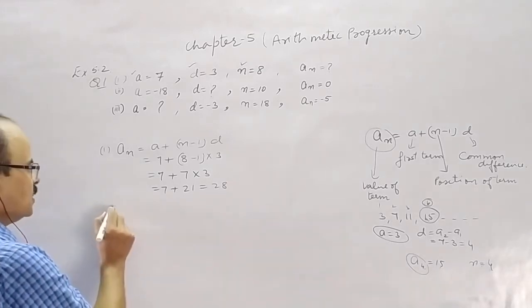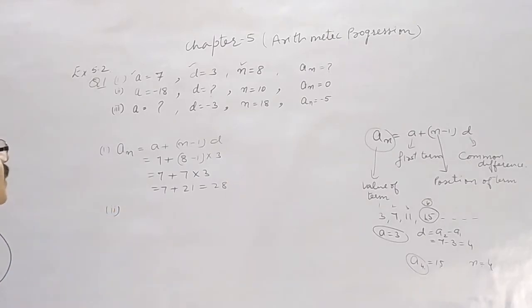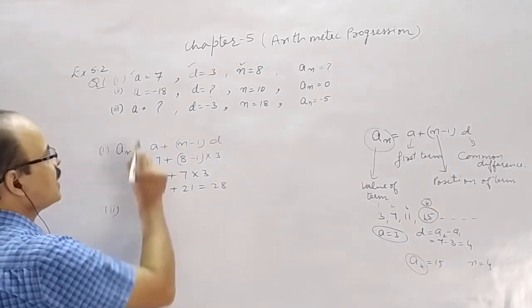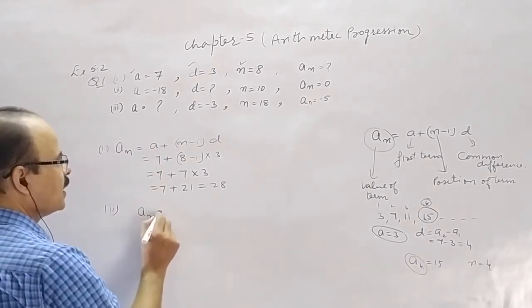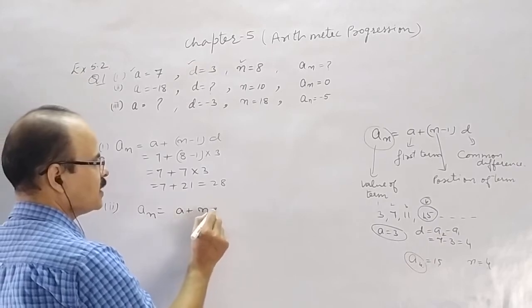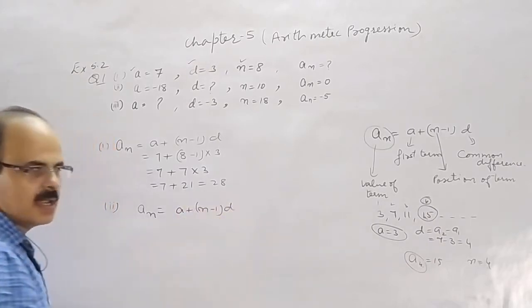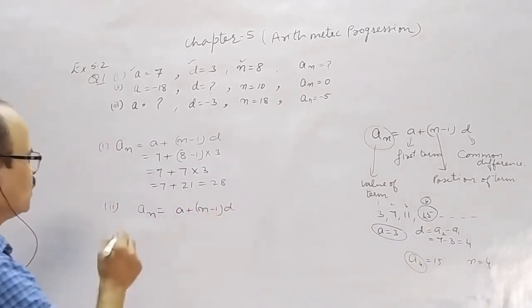Second part of the first question. Here again you are given A, and the same formula you will apply. An equals A plus (N minus 1) into D. Put the values.